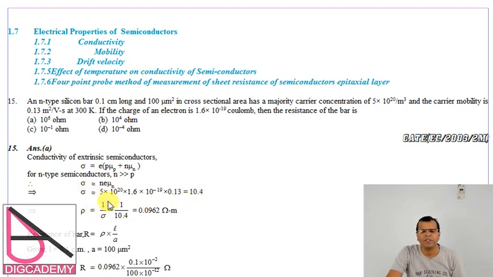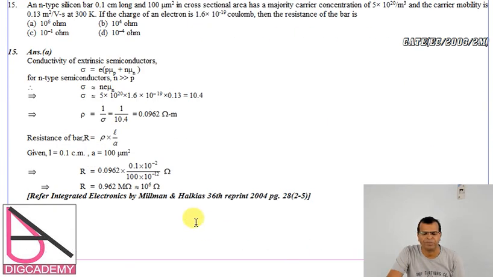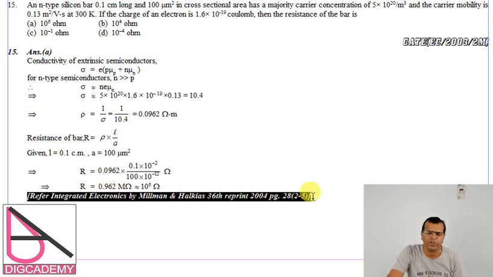So resistivity rho is 1 by sigma, that is 0.096 ohm meter. The resistance of the bar is R equals rho L by A. We are given length and cross-section, so we get the resistance of the bar. This is the reference given in the solution. I normally give a reference for every question.